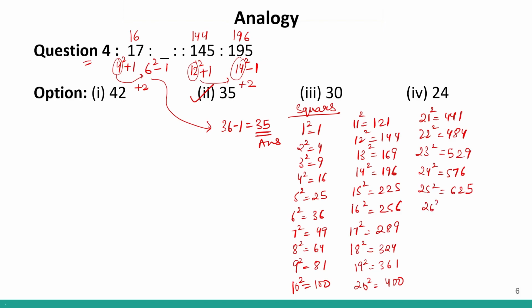Then we have 26 square, which is 676. 27 square, 729. 28 square, 784. 29 square is 841. And then we have 30 square, which is 900. So these are your squares.